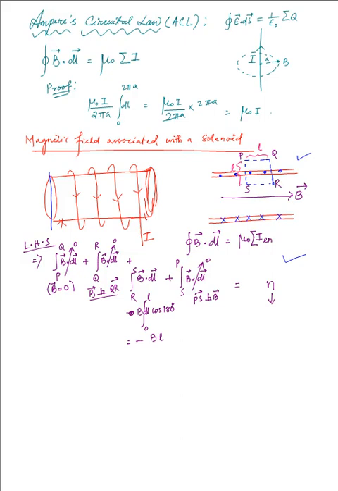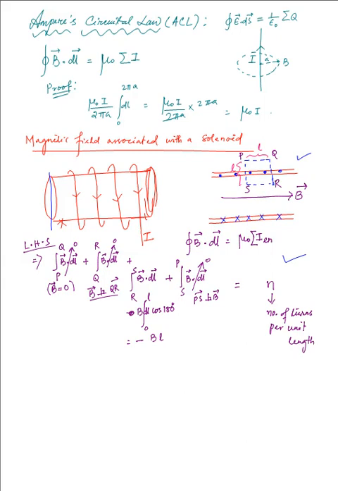So for calculations we usually consider the total number of turns per unit length. So n here is the number of turns per unit length, and as you can see on the right hand side, I made the correction that I mentioned, I enclose the total amount of current that is enclosed.